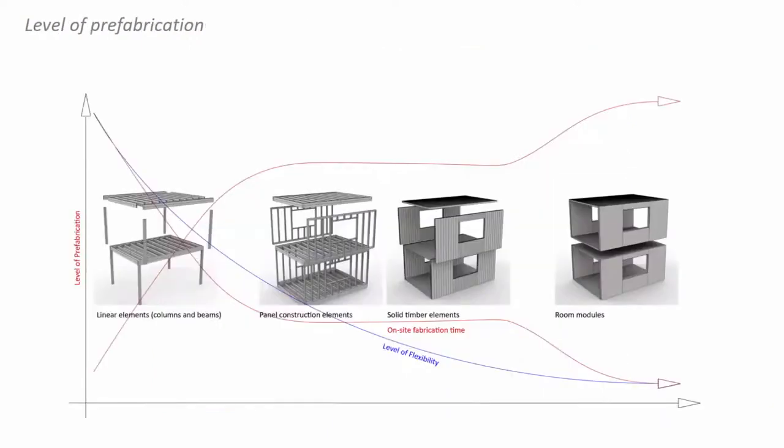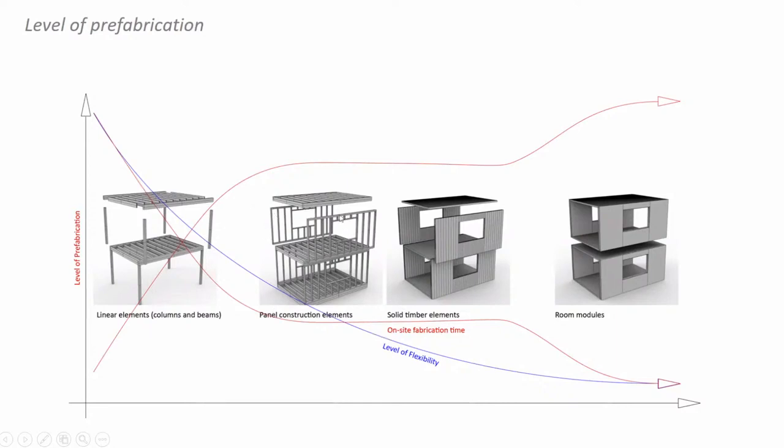What obviously matters is the level of prefabrication. If we look at these linear elements, as we see on the left, we will have a different level of prefabrication and a different level of flexibility.